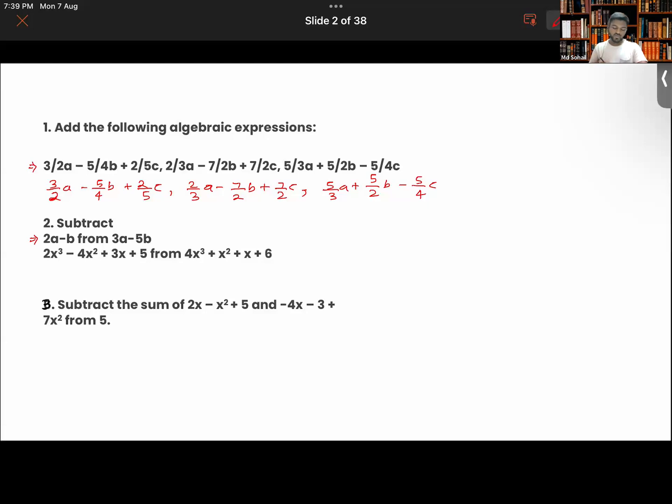In question number 2, solve only the first one. Okay, solve only this one.